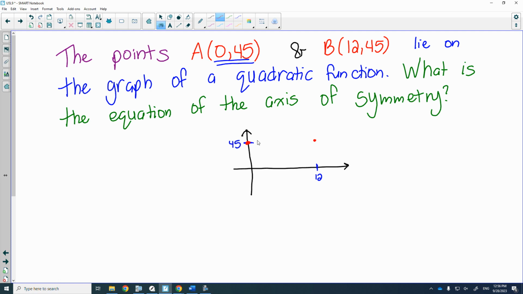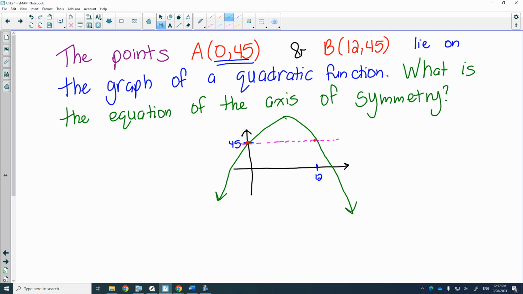And it says these 2 points lie on a quadratic. It's really hard to visualize what the equation of the axis of symmetry would be, though some of you might be able to actually do that from here. But what I'm going to show you is there's many different quadratics that we could look at. So the key is that these 2 points have the same y value. So let me just draw a quadratic going down like this, and then it might help you to see what the equation of the axis of symmetry would be.